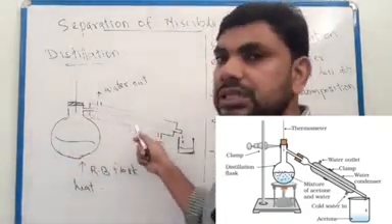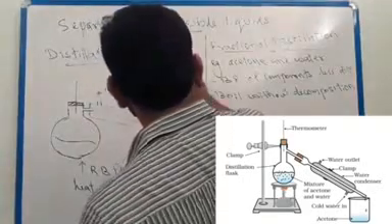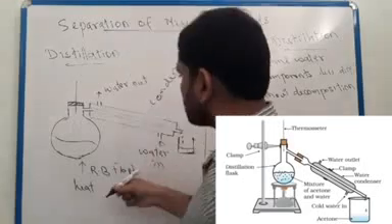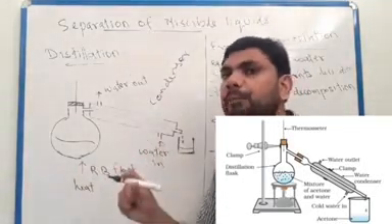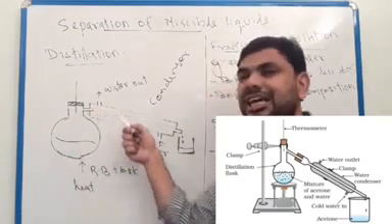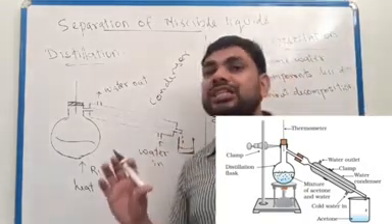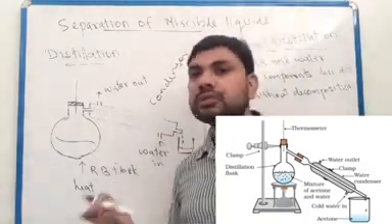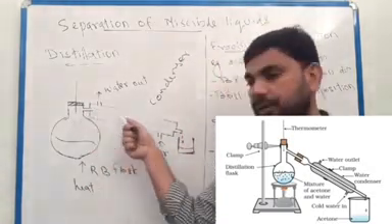This apparatus is called a condenser. The vapor enters the condenser, a special type of apparatus used for cooling the vapor.